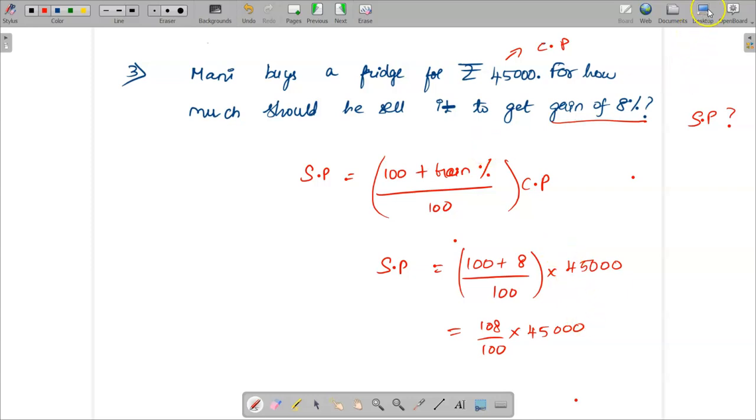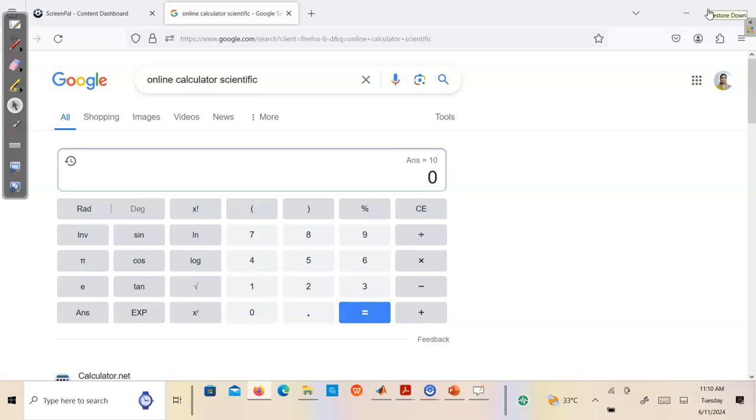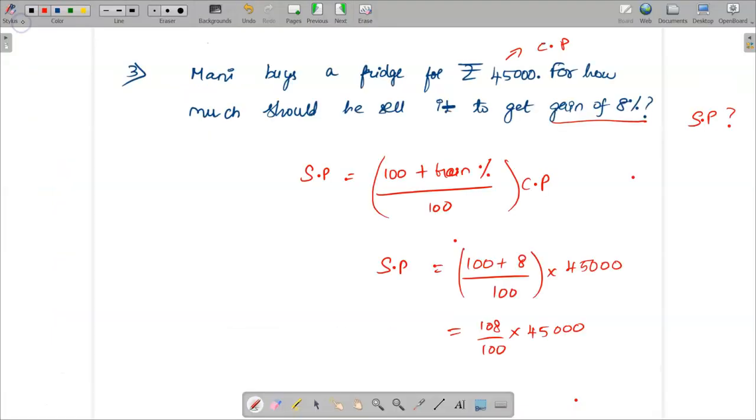So let me use a calculator. 108 divided by 100 is equal to 1.08, into the cost price, around 45,000, which comes to around 48,600. That is going to be the selling price. Since he has gained around 8%, the cost price is less when compared to the selling price.